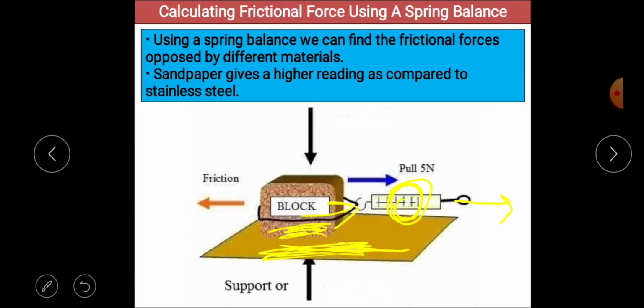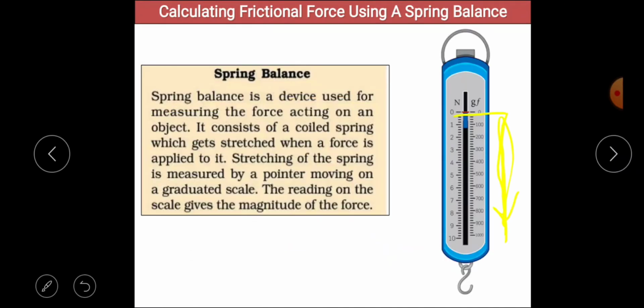Understood? With the help of a spring balance, we can simply understand how much frictional force is being applied by different surfaces. So, as I've said before, sandpaper gives a higher reading as compared to stainless steel. We know that sandpaper is lighter in weight than a piece of stainless steel.